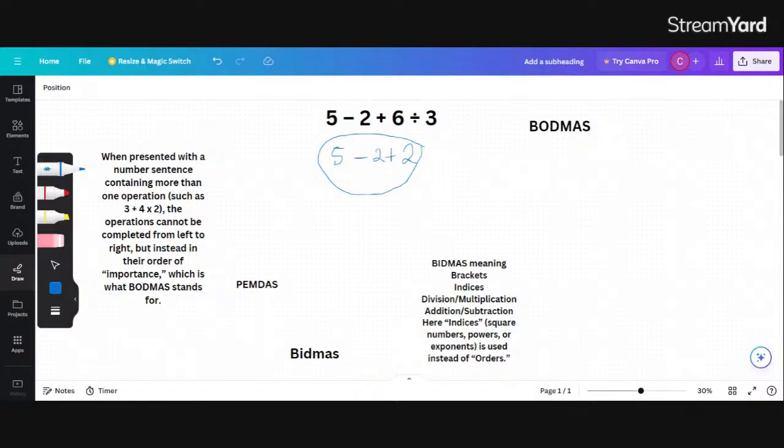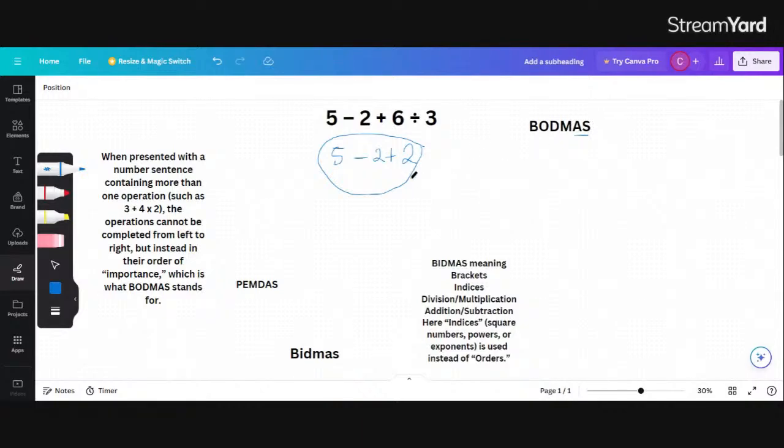Like what I said previously, both of them are of equal importance. When you have both of them present, we have to do our calculation from left to right. In this case, you can see that addition comes first before subtraction.